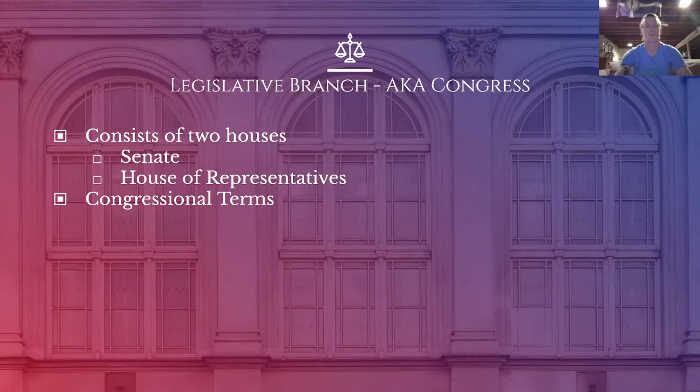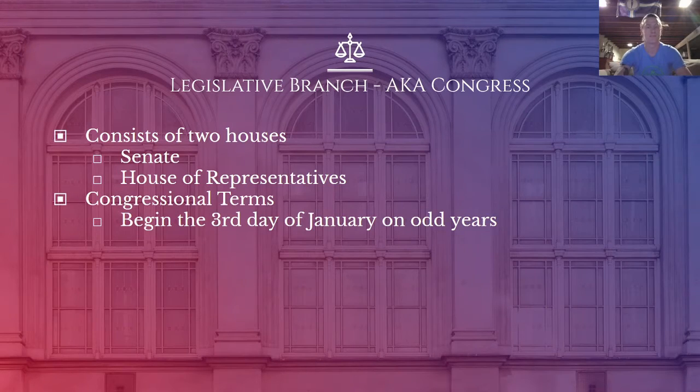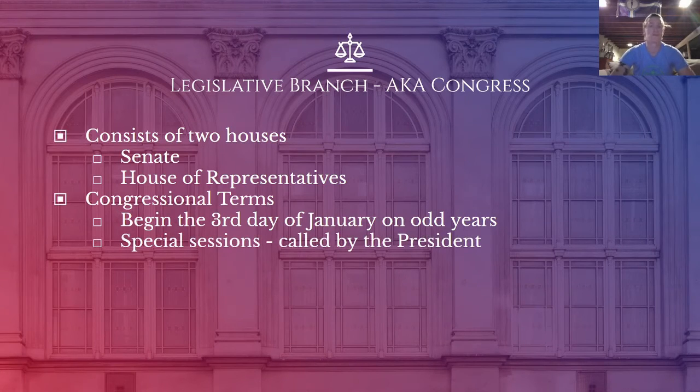So congressional terms for the Senate and House both begin on the 3rd day of January on odd years. There will be special sessions called in by the president if something happens. Let's say a virus outbreak happens and they were not meeting for some reason.